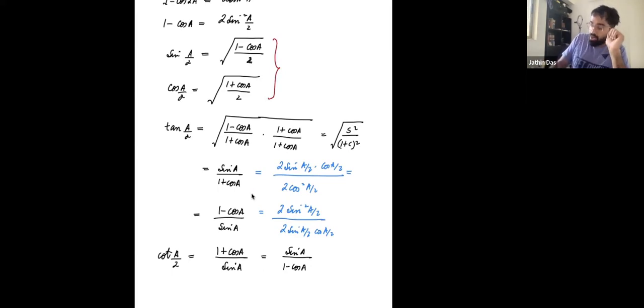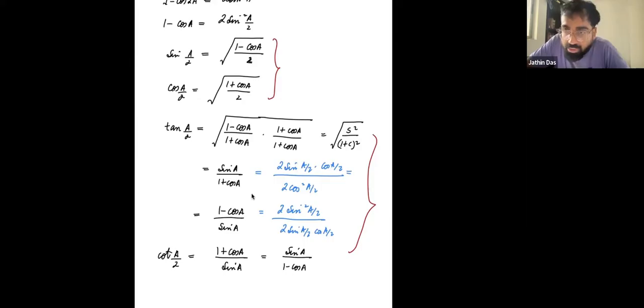So all this, just make sure your half angle formulas or multiple angle formulas are clear, and it's easy. Do you remember sine 15, cos 15, and tan 15?